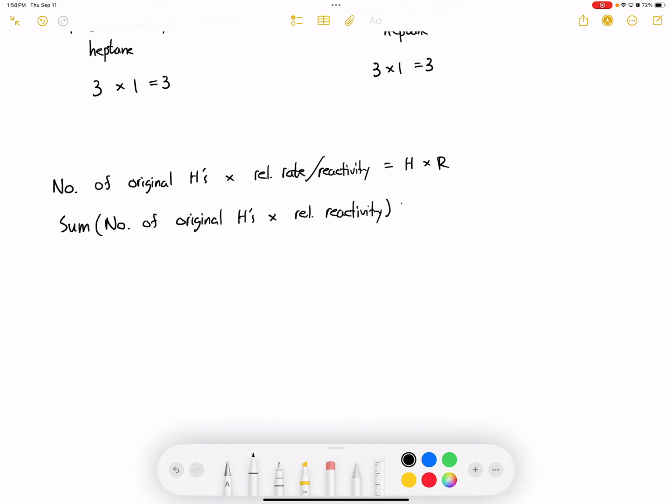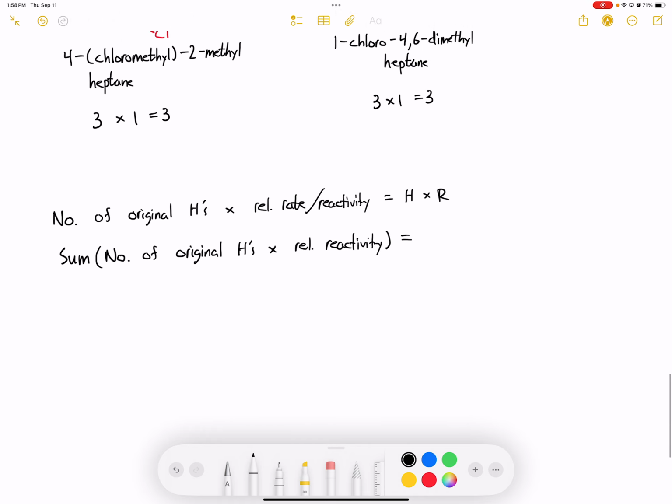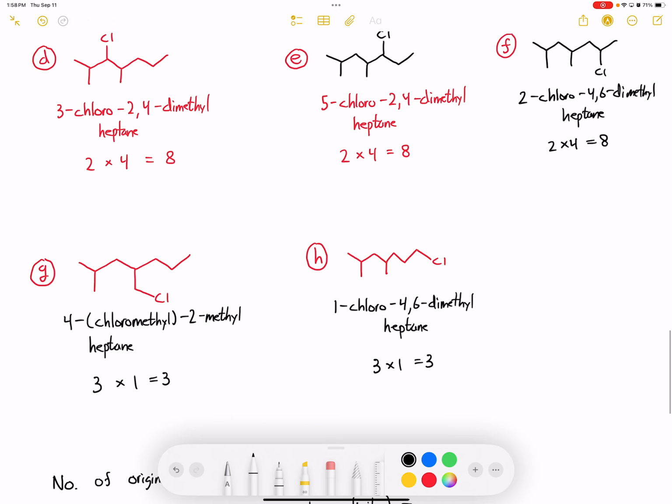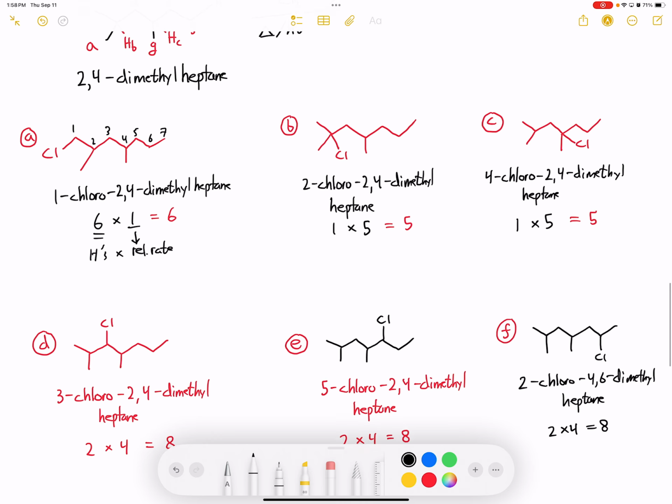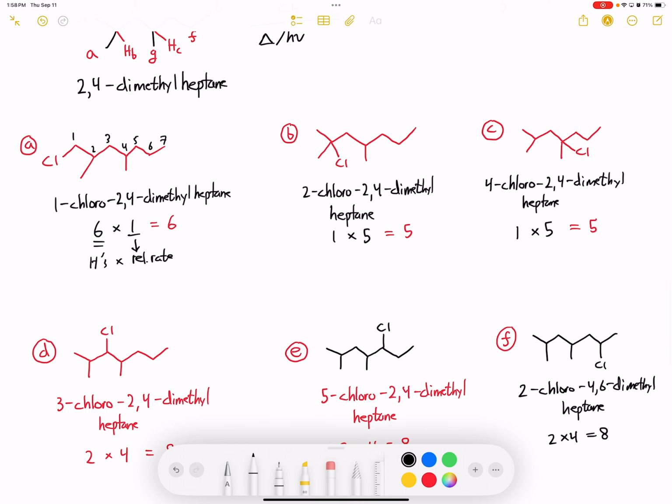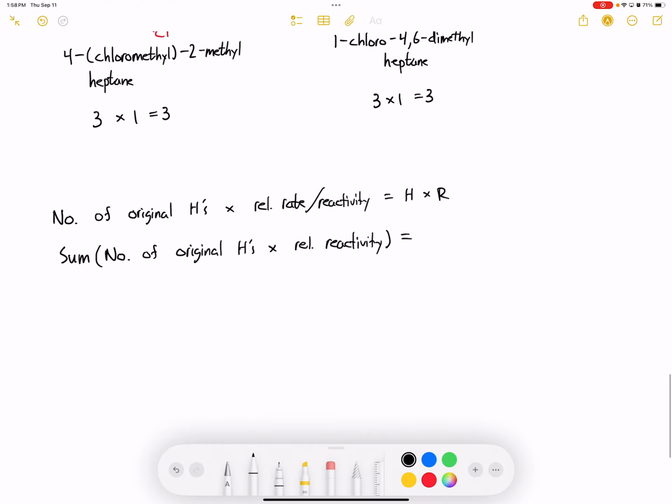All right. So let's add up all these numbers. 3, 6, 22, 30, 40. All right, what is it? 46.